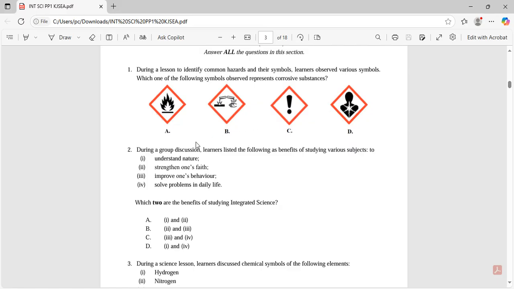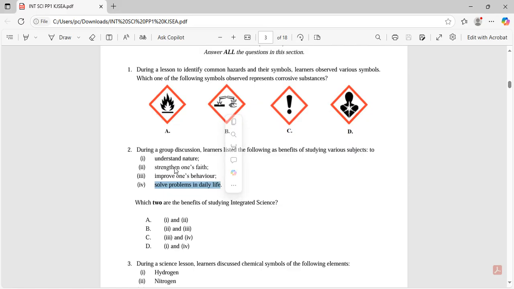So number 1, B. During a group discussion for number 2, learners listed the following as benefits of studying various subjects. 1. Understand nature, 2. Strengthens one's faith, 3. Improve one's behavior, 4. Solve problems in life. Which 2 are the benefits of studying integrated science? So 1, I guess we can go with 4, solve problems in daily life.